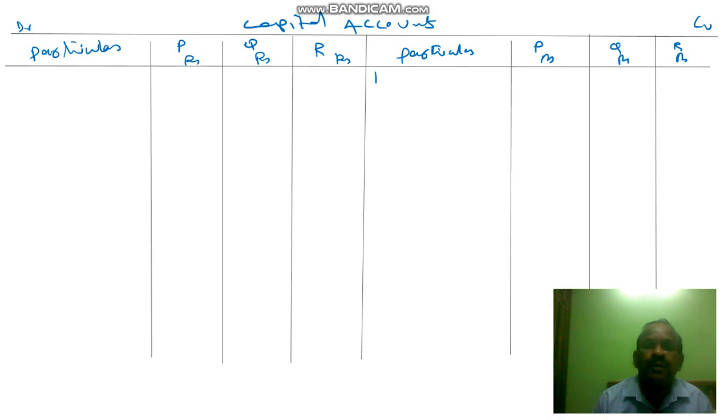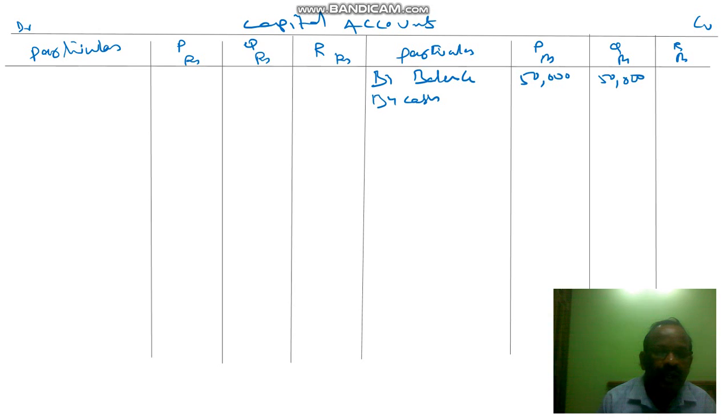So first of all we will take the balance. Initially they bring 50,000 each. Next is cash. When R enters, he brings 40,000. Next is by revaluation account, 1900.